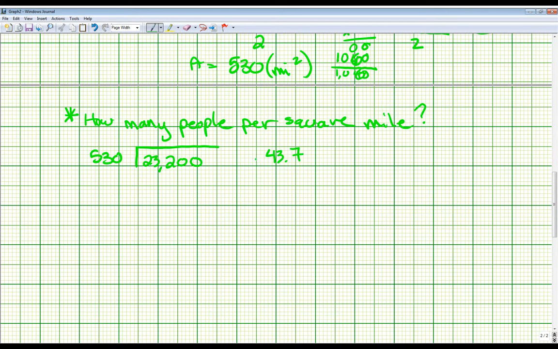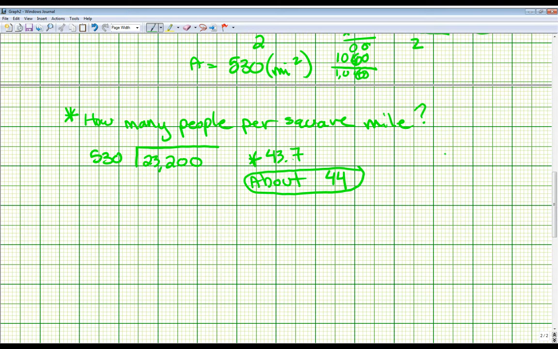Since we're saying about, we can round that off to the nearest human instead of having 0.7 of a person. So we can say about 44. That would be our final answer for how many people per square mile, about 44 people.